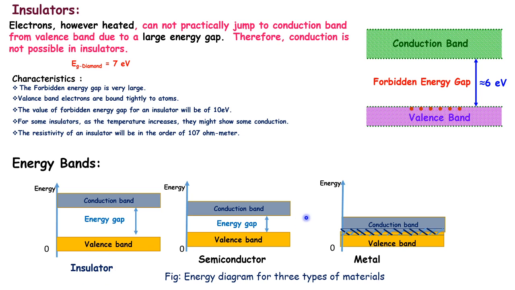In a semiconductor, the valence band and conduction band are separated by an energy gap of 1.1 electron volt, which is less than an insulator, and therefore the resistance offered by a semiconductor is less than an insulator but greater than metals.